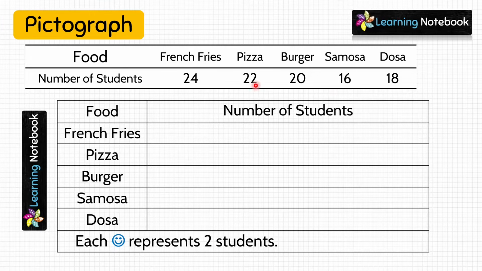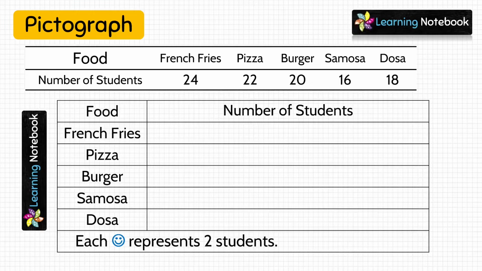Next, we cannot take the scale as 3, 4 or 5 students because all the given numbers are not divisible by 3, 4 or 5. This is the reason we have taken that each smiley represents 2 students.